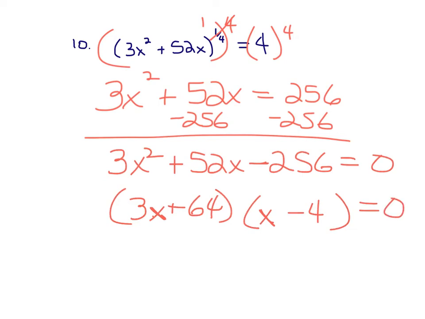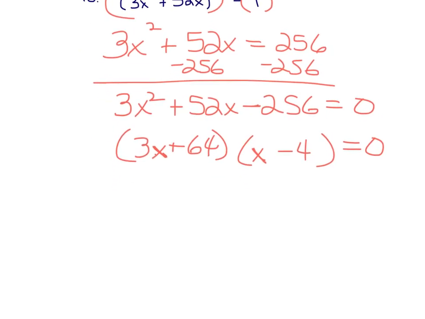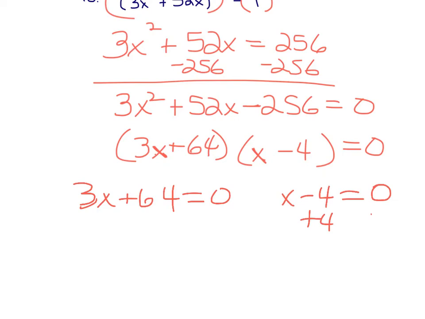It will FOIL back. So now I'm going to set each equal to 0. So 3x plus 64 equals 0. X minus 4 equals 0. Solve them. Subtract.